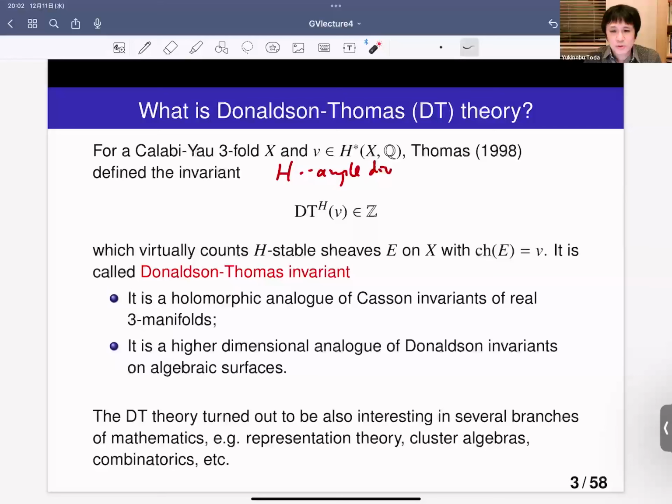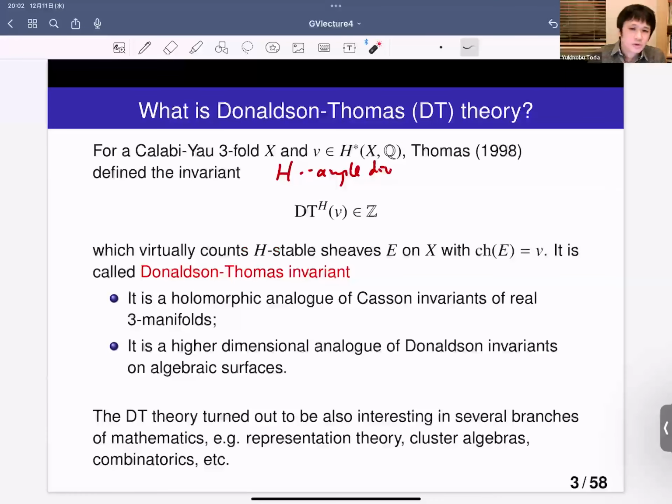Anyway, this is the holomorphic version of the so-called Casson invariant. There are similar invariants on real three-manifolds, and this is the holomorphic analog. Also on algebraic surfaces, there are the so-called Donaldson invariants, which count stable vector bundles on algebraic surfaces.